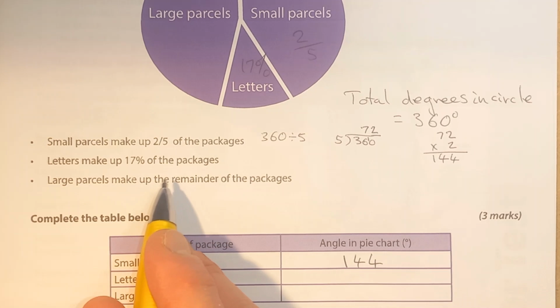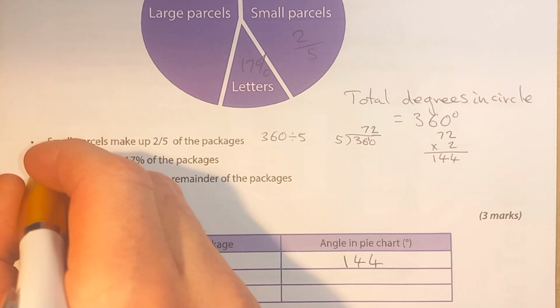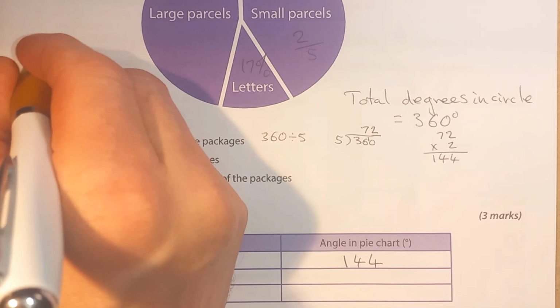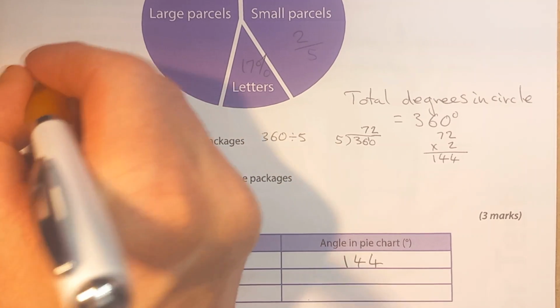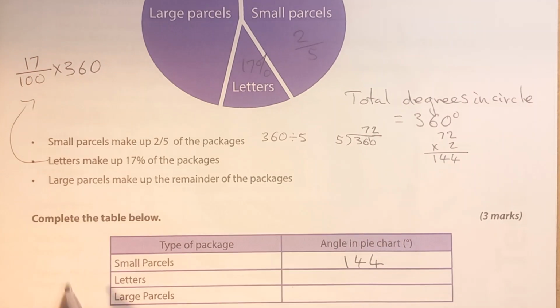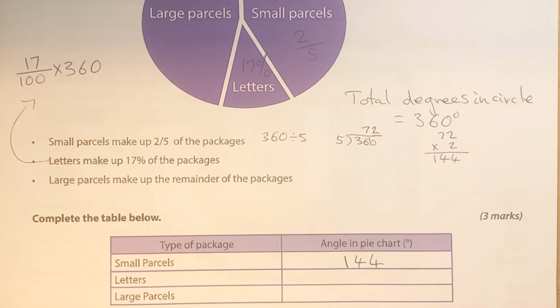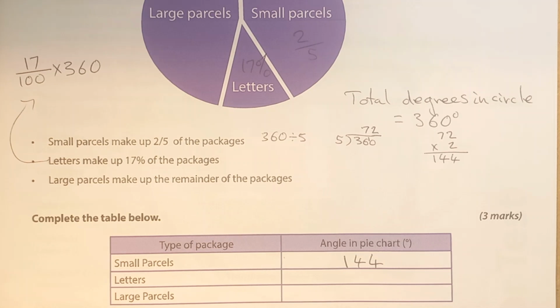Okay. Now it gets a little bit more difficult because we want to work out what 17% is. In other words, we want 17 out of 100 times 360, because it's 17% of the total angles. Right, so how do we want to do this?